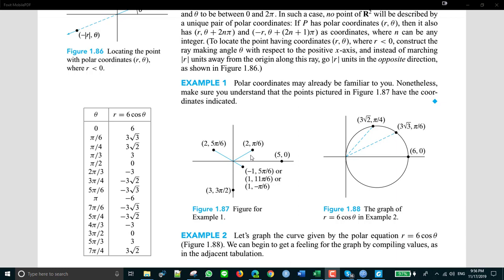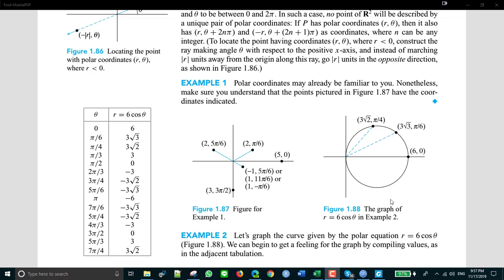Well, pi is 180, so pi over 6 is 1/6 of 180, or 30 degrees, so I guess that's a 30-degree angle. And then here's another point, 2 and 5/6 pi, so that's 5 times 30, or 150 degrees, and so on.